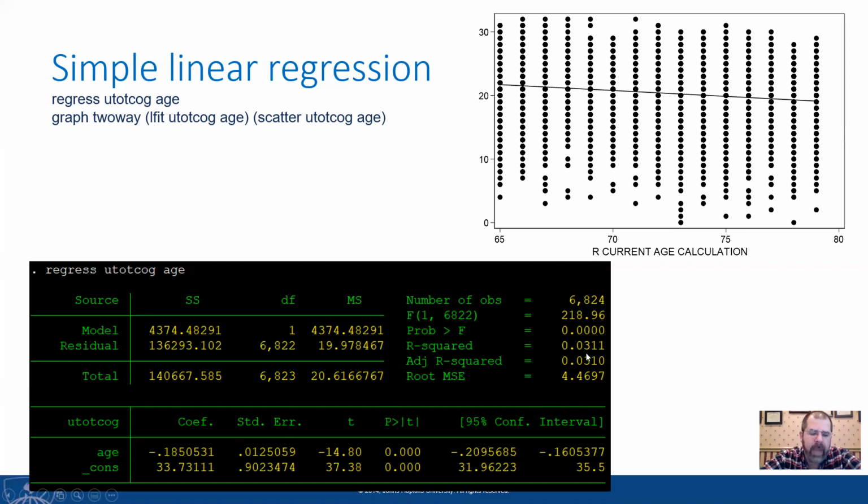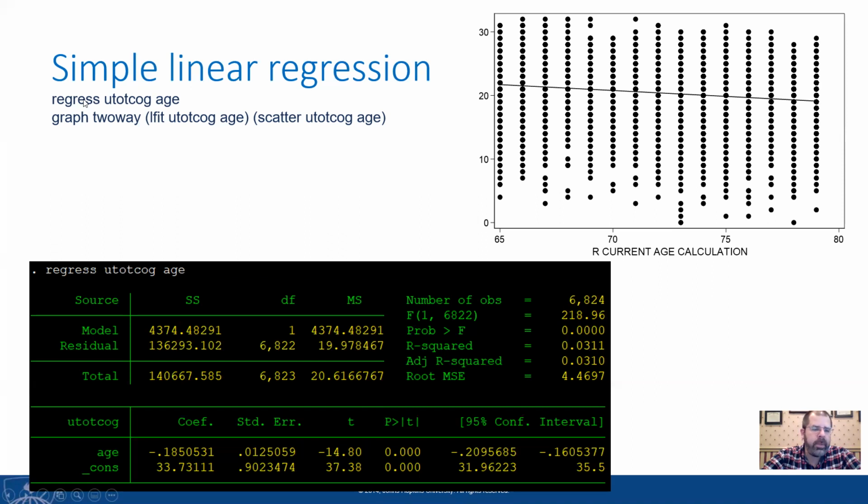But as stated, my question states that I am interested in exploring correlates of cognitive functioning. So age is definitely statistically associated with cognitive functioning. Older age is associated with lower cognitive functioning, it's just that age by itself does not explain a great deal of the variance in the cognitive functioning outcome. So that is an important distinction to make.